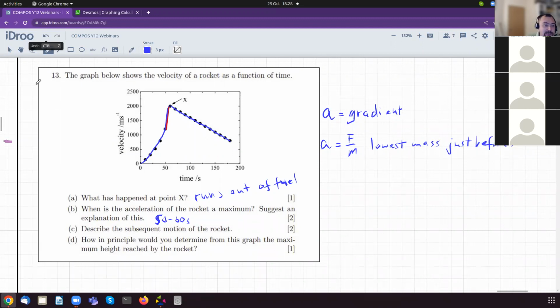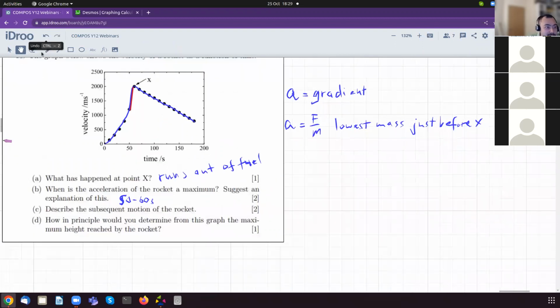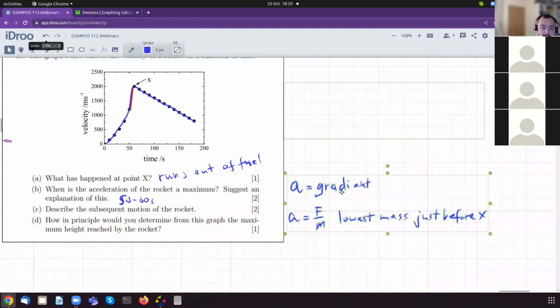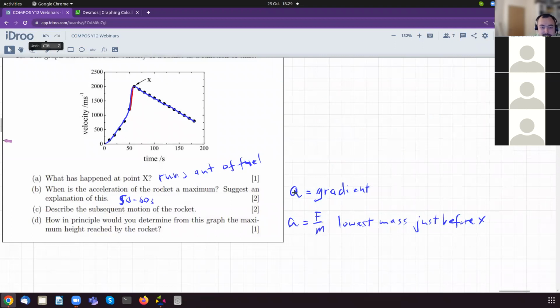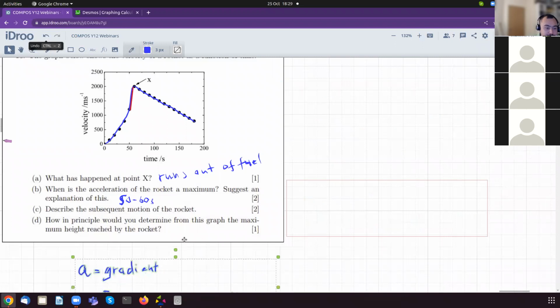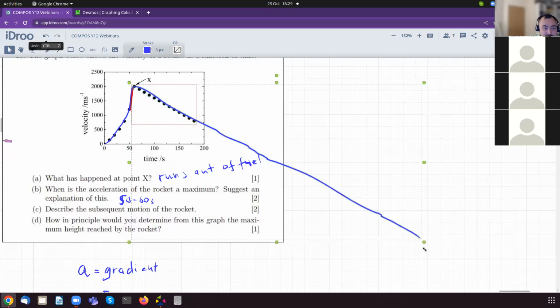Describe the subsequent motion of the rocket. Well, if it's going to be the velocity, so I'm just going to move that. That won't do the trick. The subsequent motion of the rocket is that it will carry on decelerating.